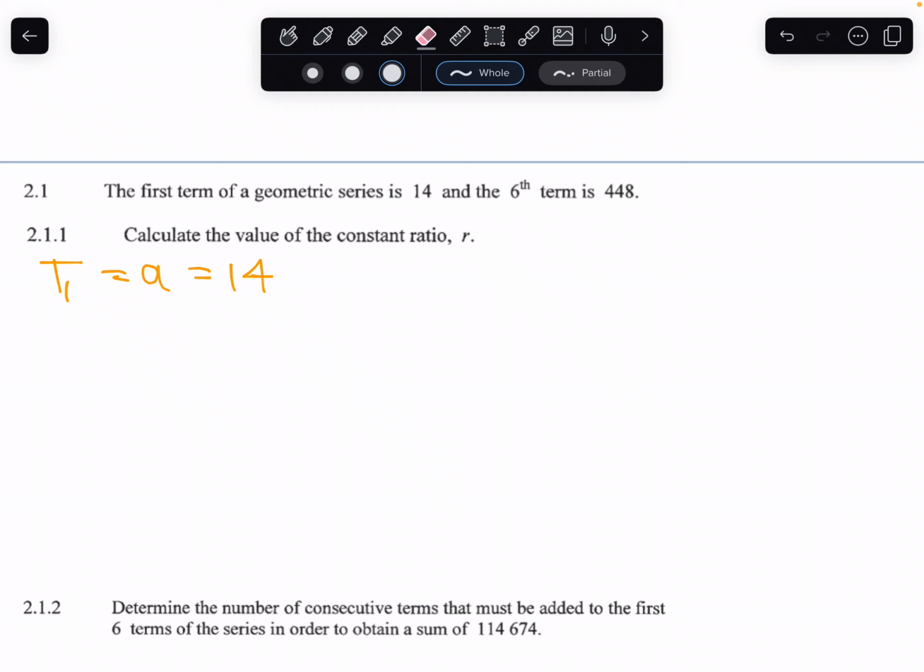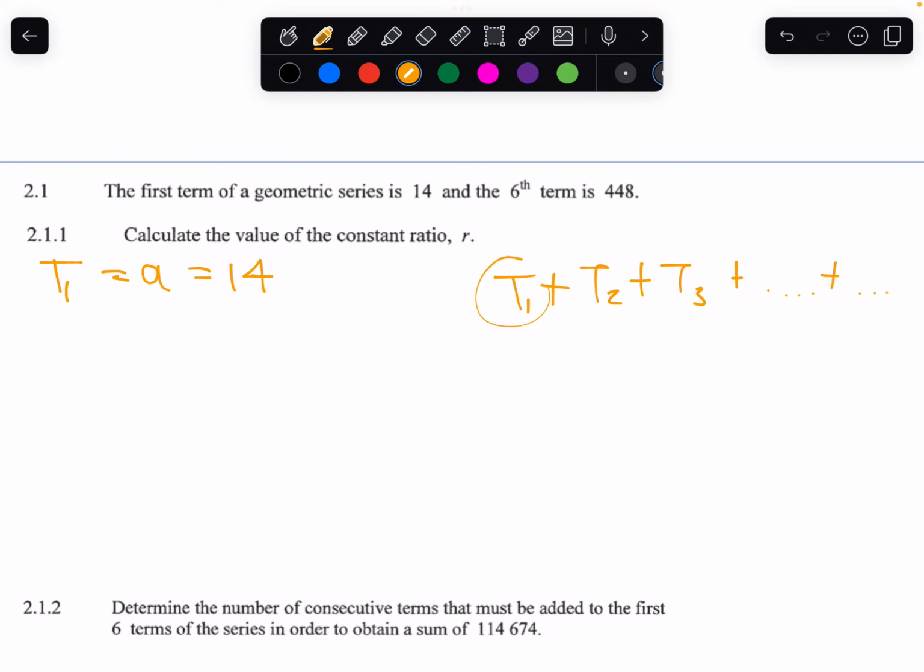Geometric series is just the sum of a bunch of terms, so it would be term 1 plus term 2 plus term 3, and so on. We're told that the first term is 14, and the sixth term, T6, is 448.